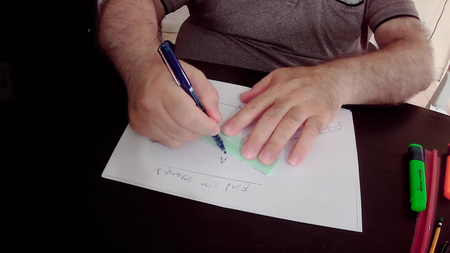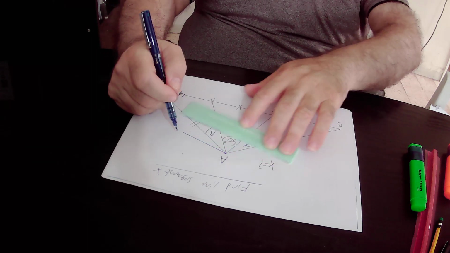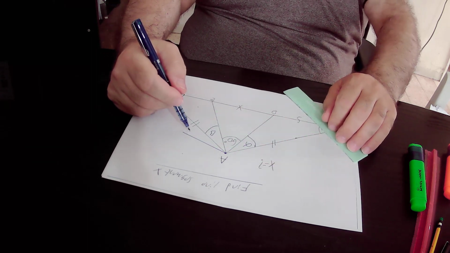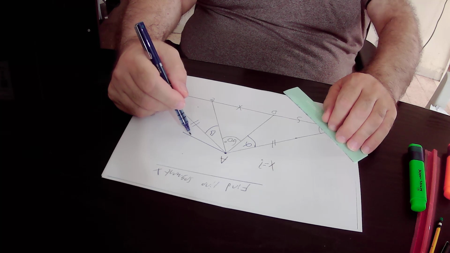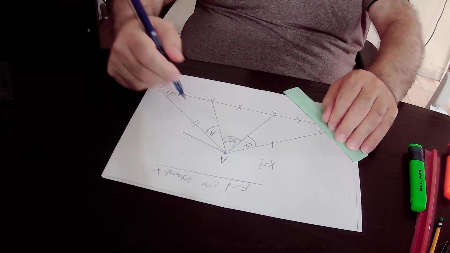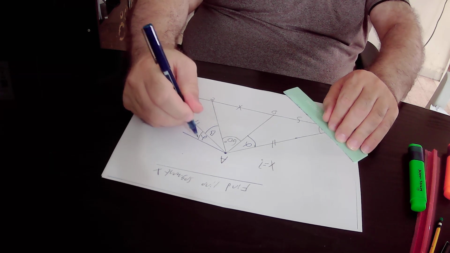So this is the straight line. We drew this straight line in such a way that the angle between this straight line and side AC equals alpha. So this angle equals alpha.